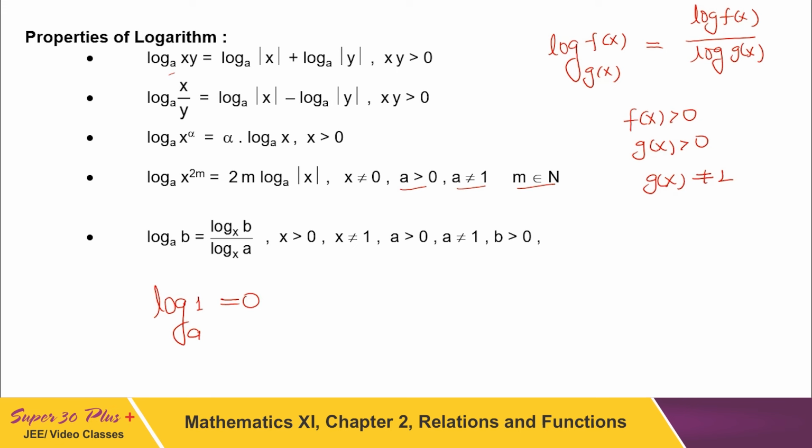If g(x) is 1, then the numerator is defined but the denominator is 0 because g(x) is 1. That's why you can say this function does not exist for g(x) equal to 1. That's why the basic definition of the log function is written here: log f(x) base g(x) is defined only when f(x) is greater than 0, g(x) is greater than 0 and g(x) is not equal to 1.